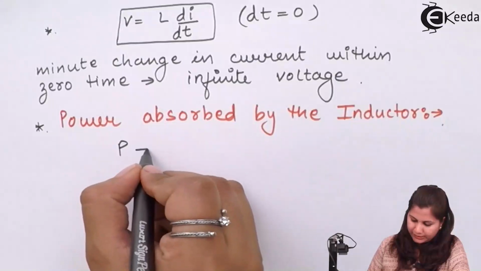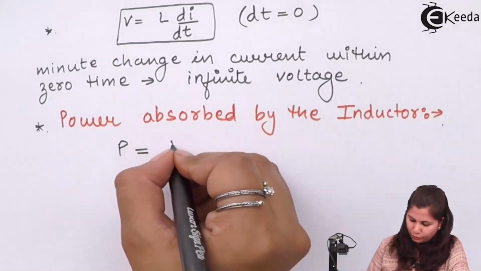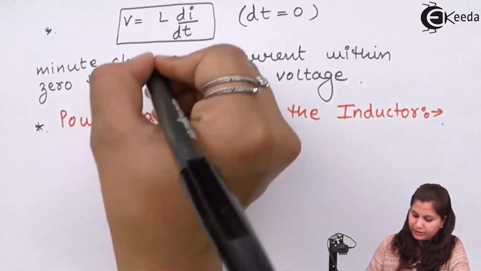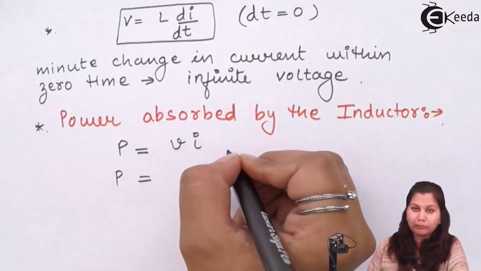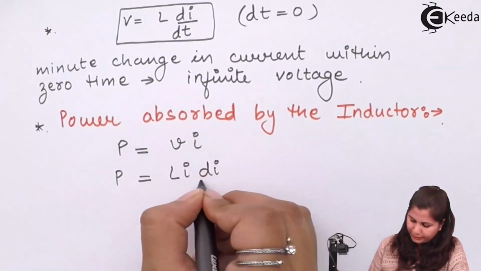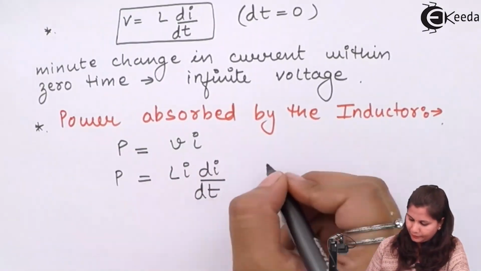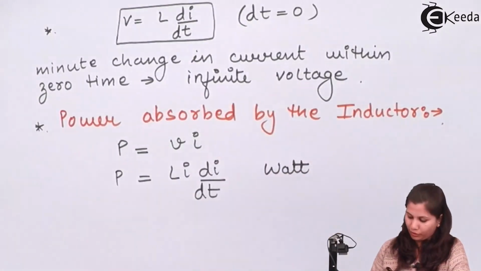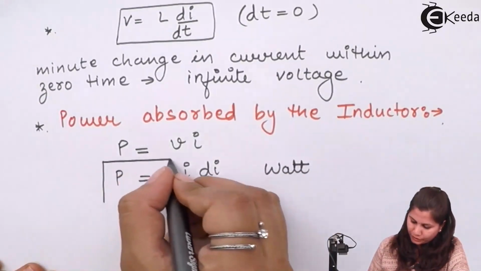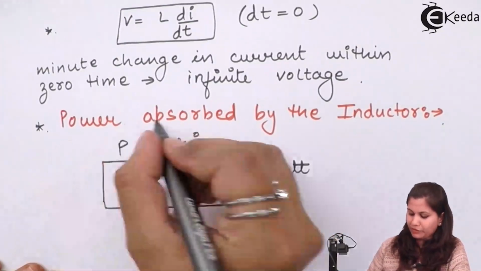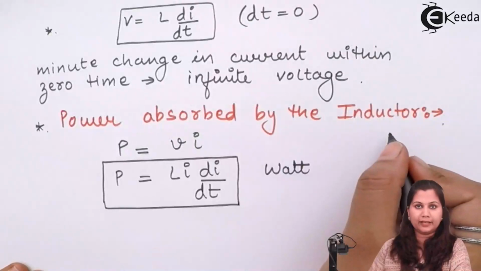So P is the power, which is equal to V and I. V is L di by dt multiplied with I, so P equals L I di by dt. And the unit for power is watt. So this is how we can calculate the power absorbed by the inductor.